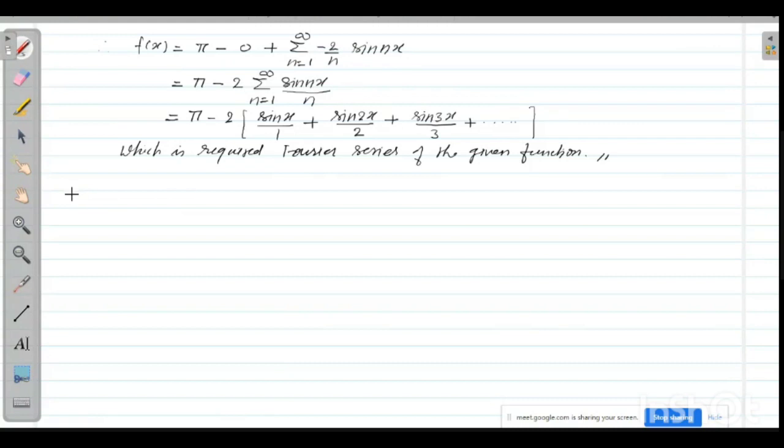Example number 2. Move to the next page. Next example.